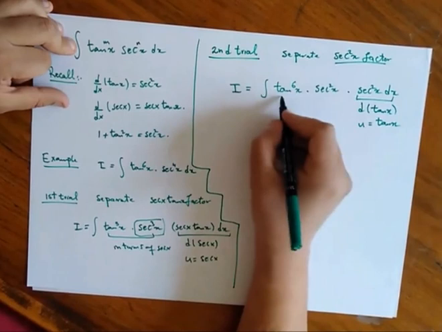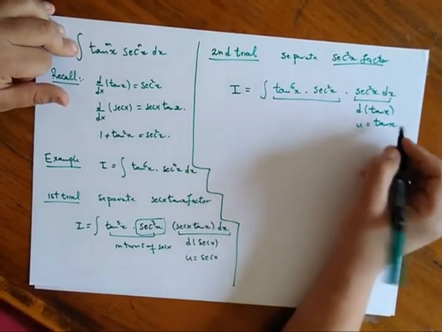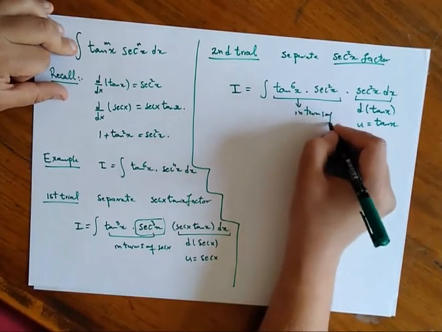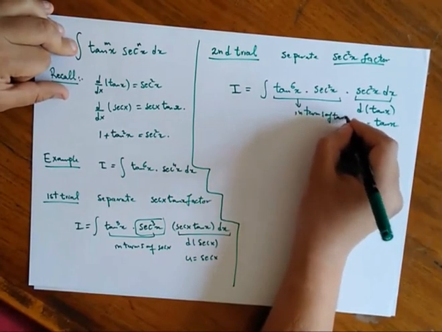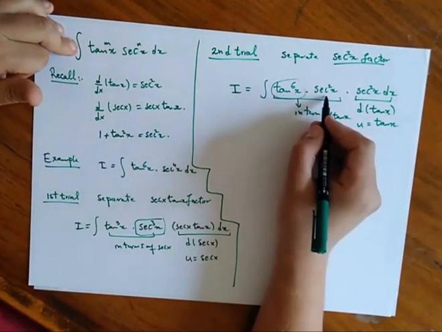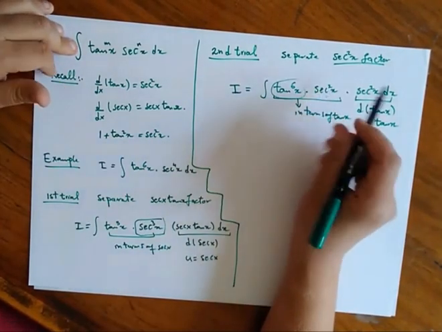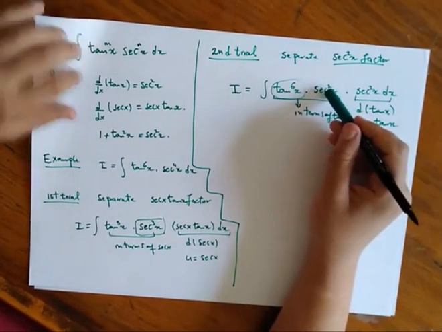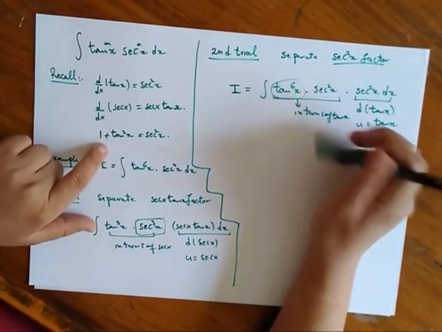So if I wish to use this substitution, I have to rewrite the rest of the integrand as a function in terms of tan x. This part is okay, but what about the secant square? Now the power of the secant is even, and since it's even, we can use this beautiful relation.